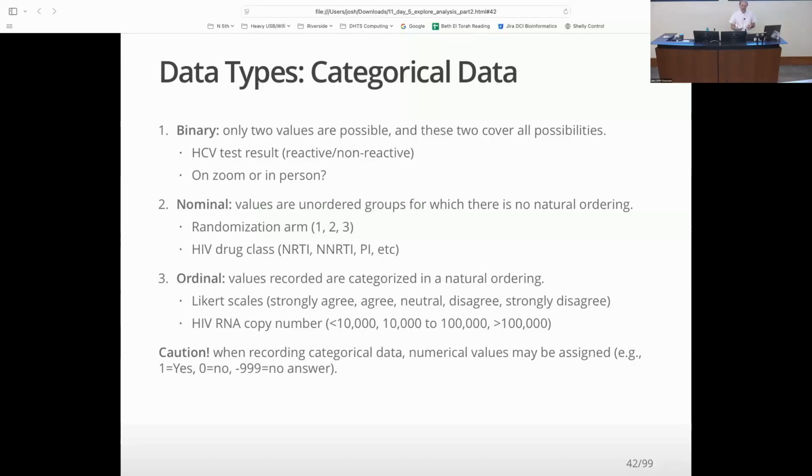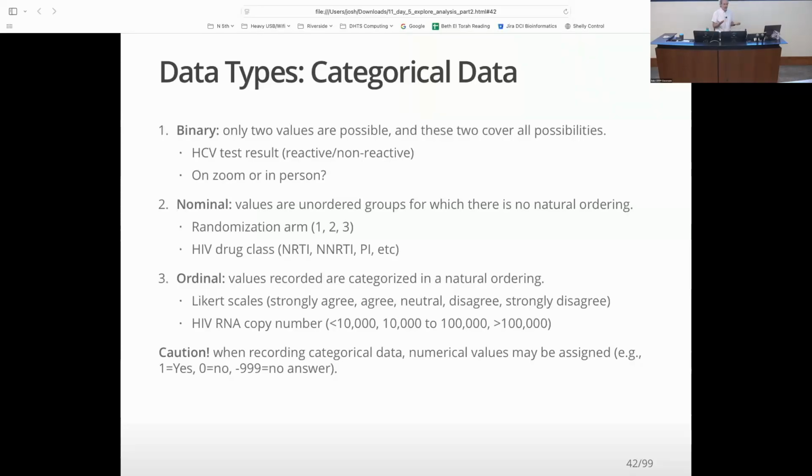Two examples of that: a hepatitis C virus test result. It could be that underlying that test there's some sort of quantitative value, but the way it's reported by a pathologist or in a chart is often going to be reactive or non-reactive, or another way of saying that is, is the test positive or is the test negative?